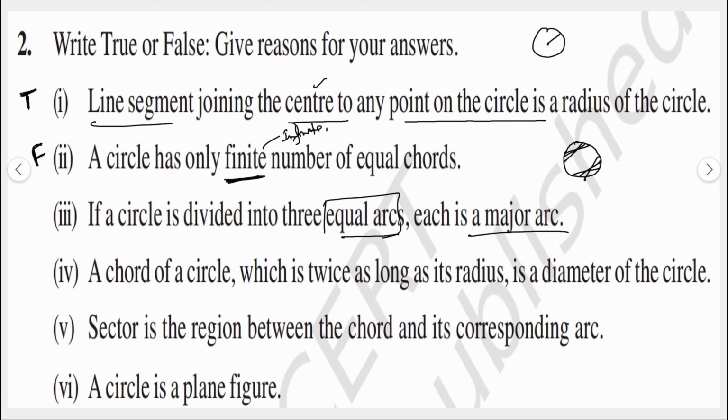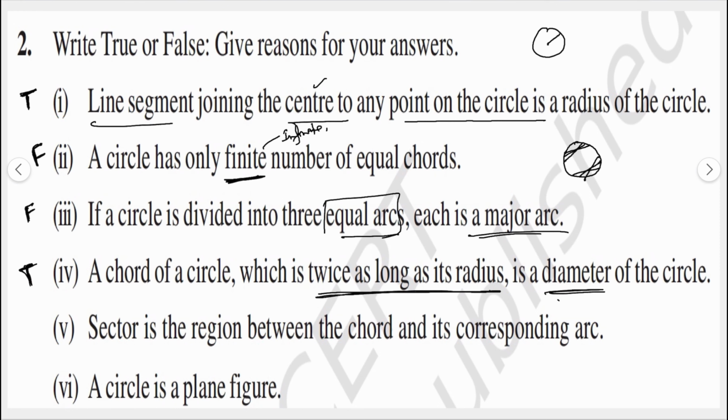Since we have three equal arcs, there is no major or minor arc, so this one is also false. Next is, a chord of a circle which is twice as long as its radius is the diameter of the circle. Simply, the diameter is twice the radius, so this one is true.